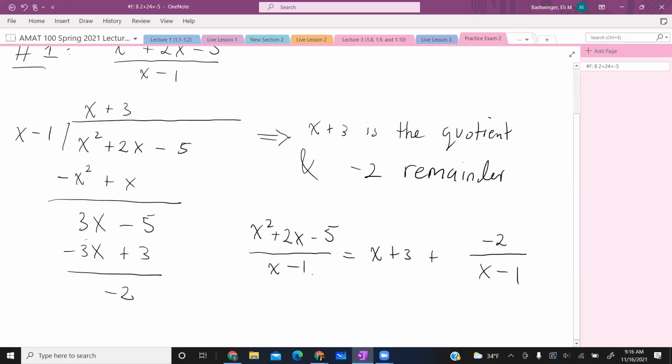So this calculation reveals that this rational function has a slant asymptote of x plus 3. So you'll have this line that's neither vertical nor horizontal, but at some angle, that this rational function will approach.